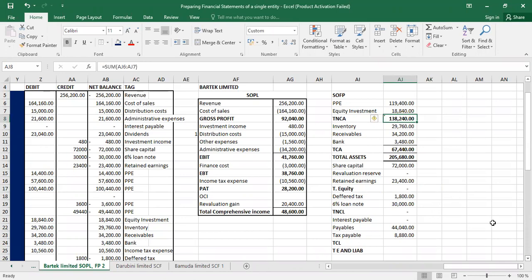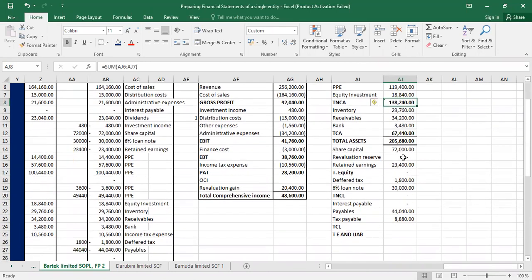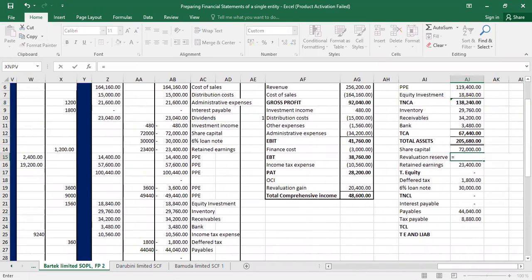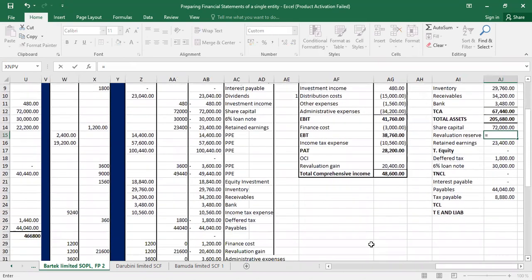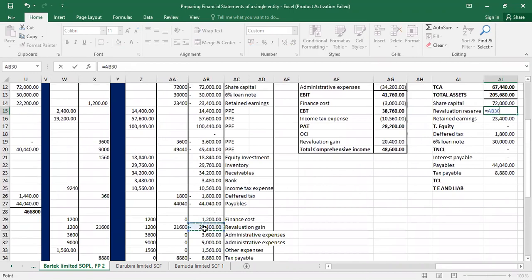So revaluation reserve, isn't it? This one we will take directly from our adjusted one. So the revaluation gain goes to the revaluation reserve, isn't it? You must know that. So we'll take the figure there, Control Enter, and we want it as a positive, so negative in front of the formula, isn't it? Then retained earnings.